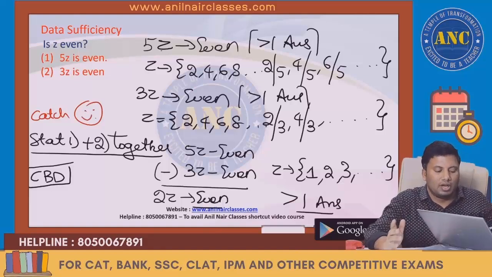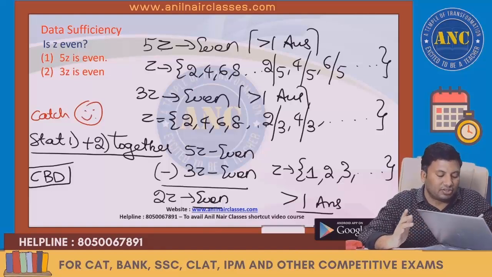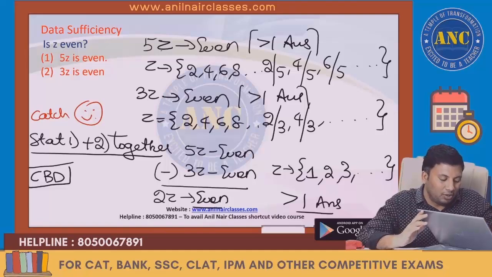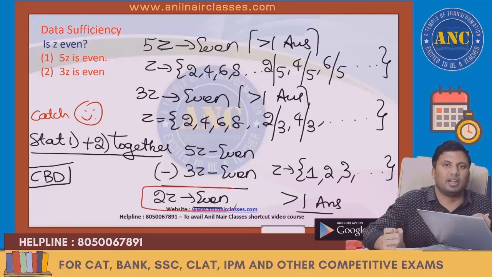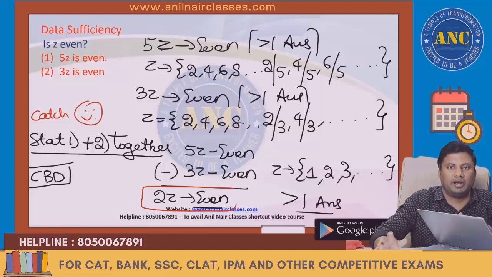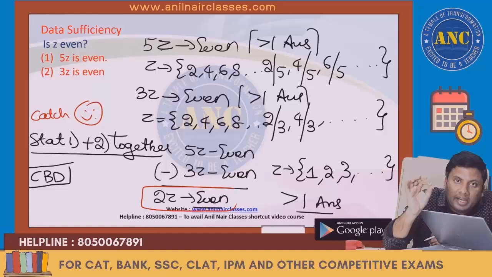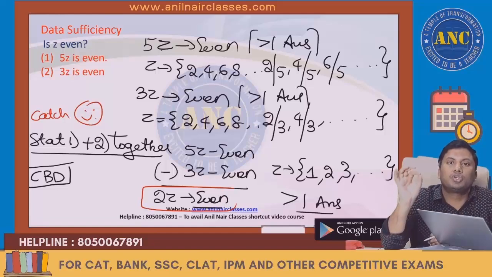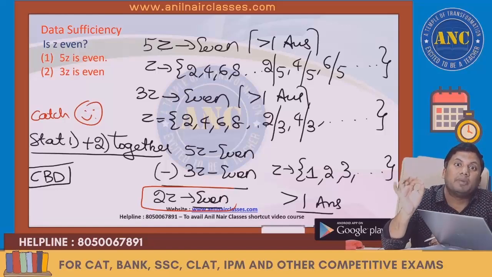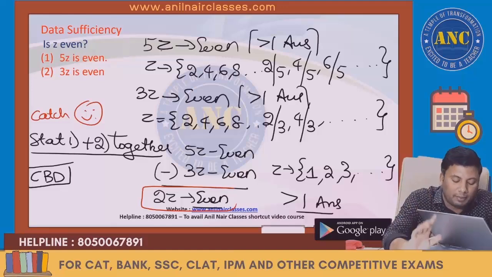See the catch. 5z is even, 3z is even. If I do subtraction, 2z is even. Listen carefully to the statement: the answer obtained after combining both the statements should satisfy the statements combined. Again I am repeating.